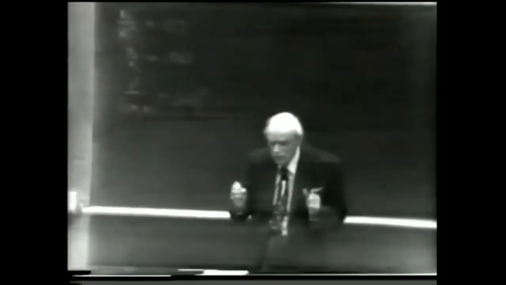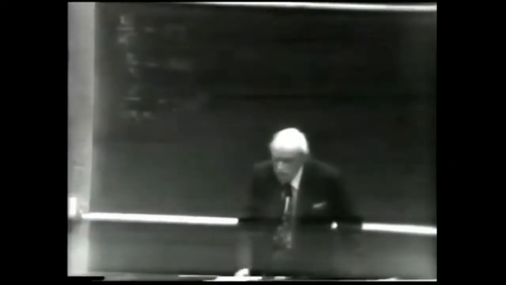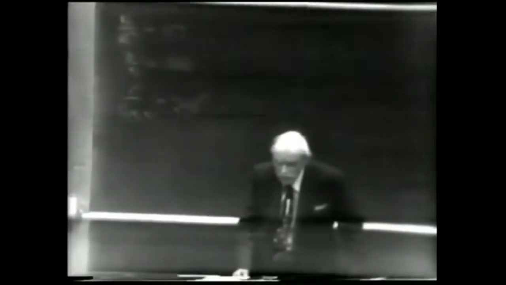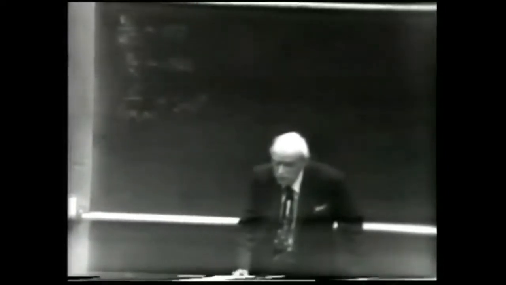And the result of an explosion like this is to give you many bodies that are receding from one another with velocities proportional to their distance. Now that is what we observe when we look at the distant objects in the sky.